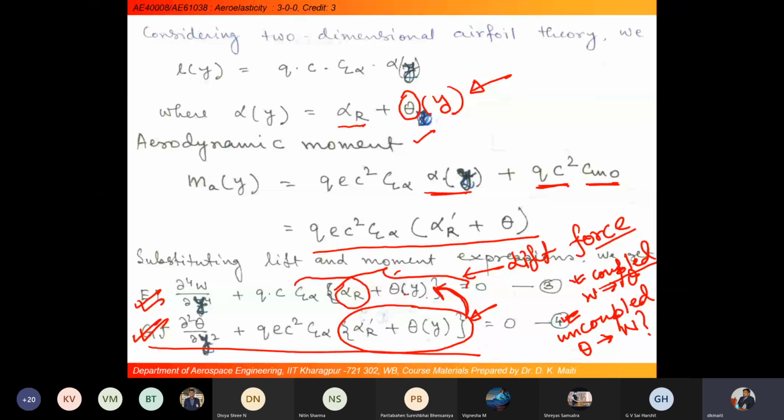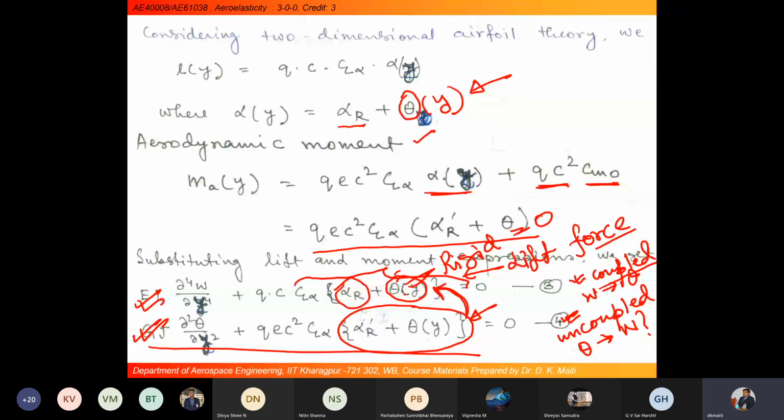For rigid, it will be 0. Means if you are giving alpha, let's say 5 degrees, the whole aircraft will experience 5 degrees. Whereas if we consider that the wing is flexible, then theta will not be constant. It will vary over the entire length.